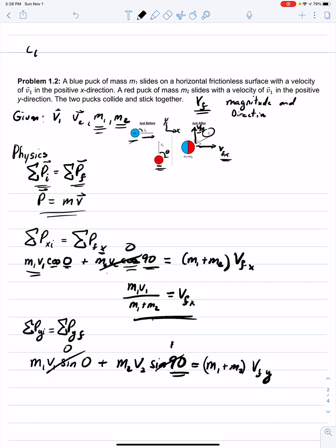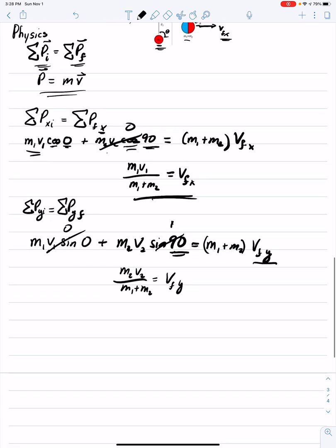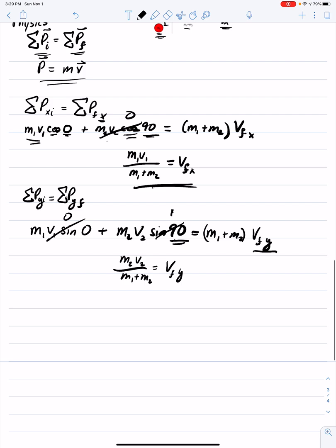Again, it's because they're sticking together, and now that they stick together, they have only one velocity together, okay? But now we're finding velocity y final right here, okay? So we do the same thing: mass 2, velocity 2 over m1 plus m2 is equal to velocity final y. Done. So now you have the vector notation for velocity final.